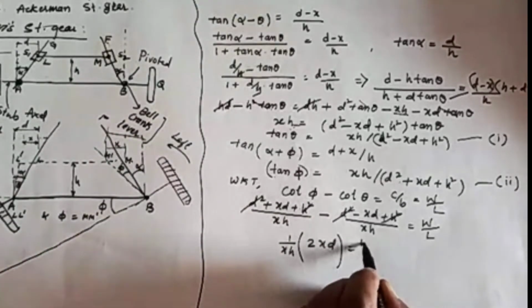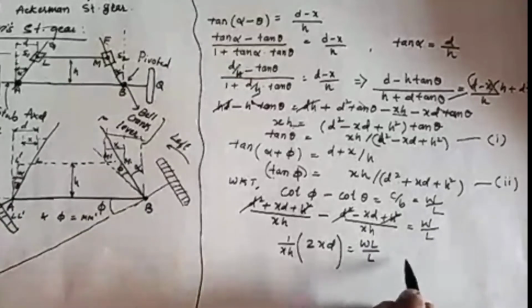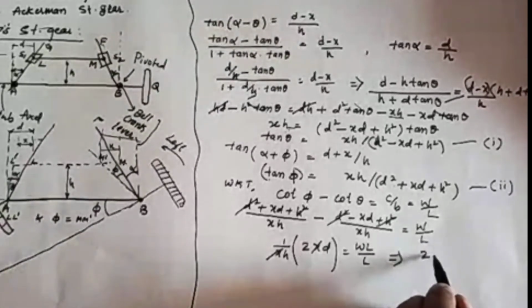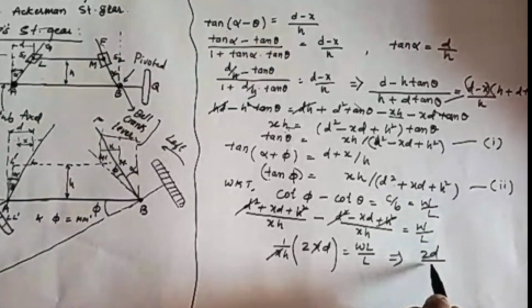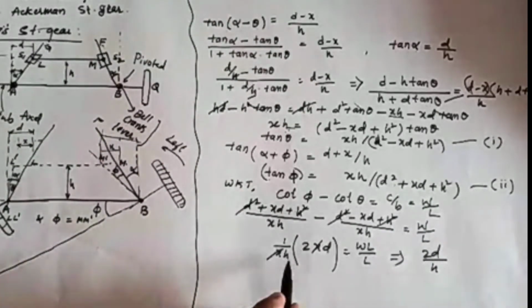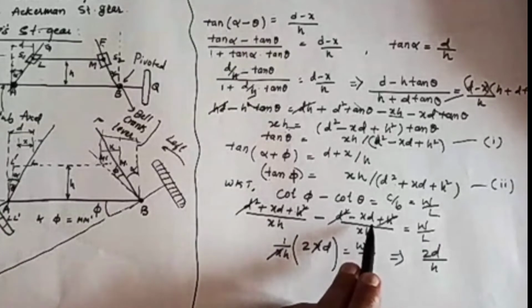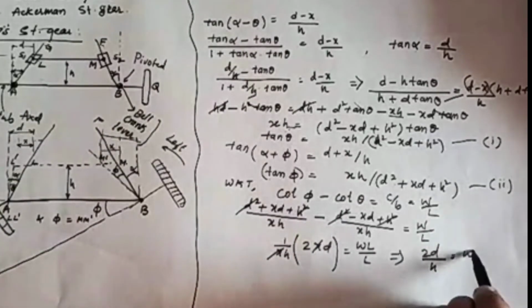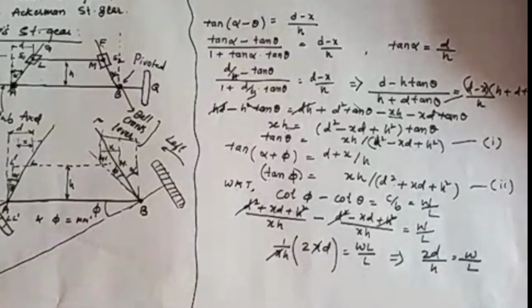So this is the equation you are obtaining. Now x also will get cancelled. So 2d by h is equal to W by L.